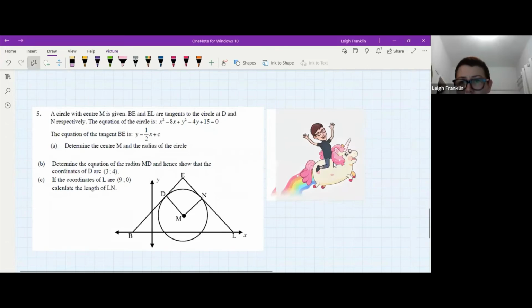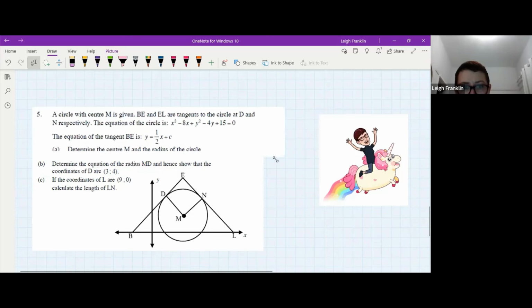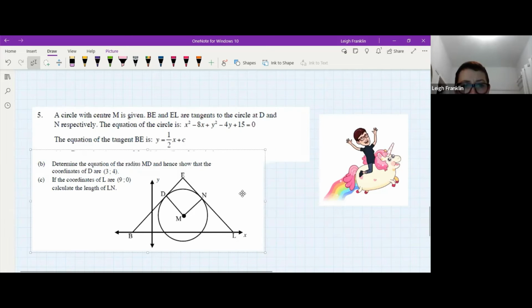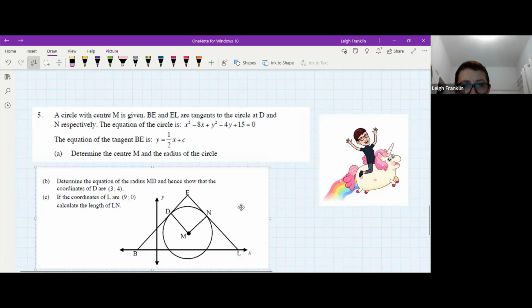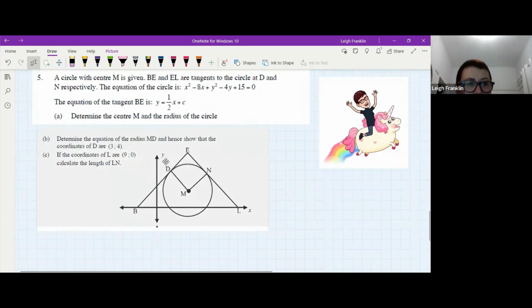And do another question. All right, let's go and have a look at this one over here. Let's move that out the way. All right, so now we have got a circle with center M. So that's the diagram down here. BE and EL are tangents at D and N respectively. The equation of the circle is x squared minus 8x plus y squared minus 4y plus 15 equals 0.